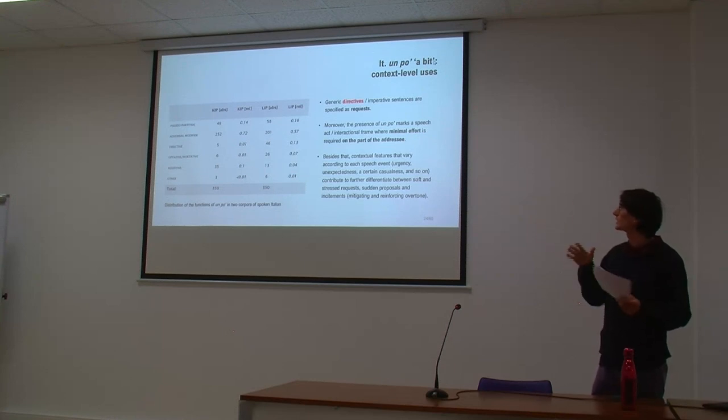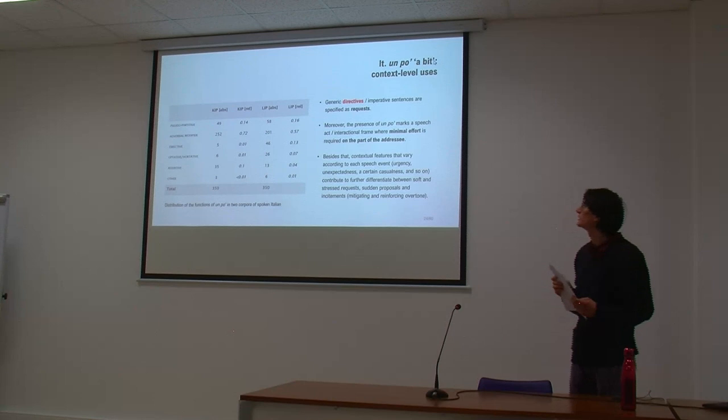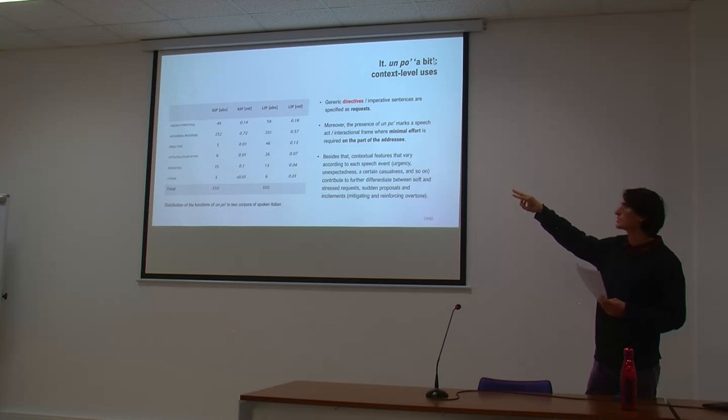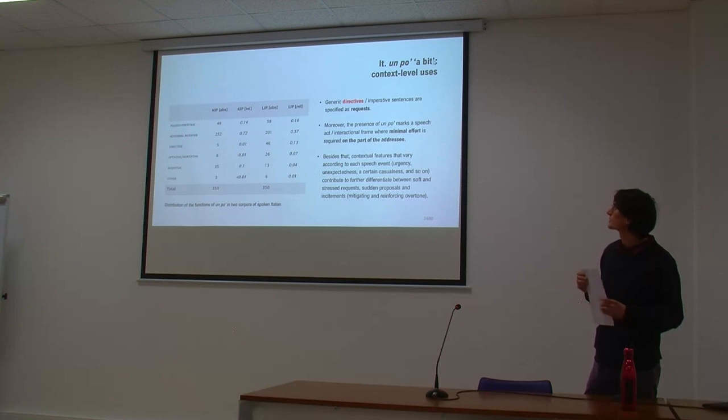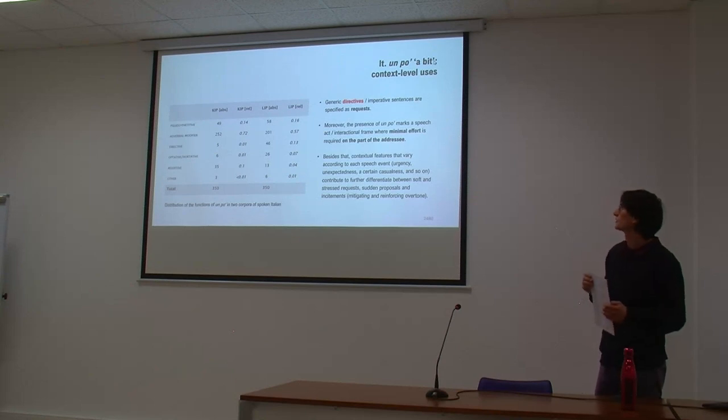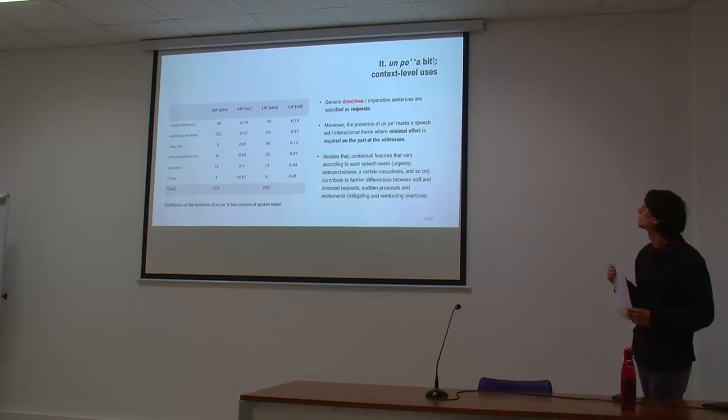On the left, there are the results of this corpus survey. They are not so important here. It's only to see that the first two rows, which are the content level categories expressed by un po', are much more frequent than the others. And in this sense, they can be used to assess the prototypicality of the uses of un po'.